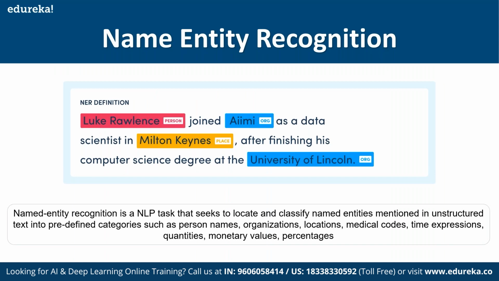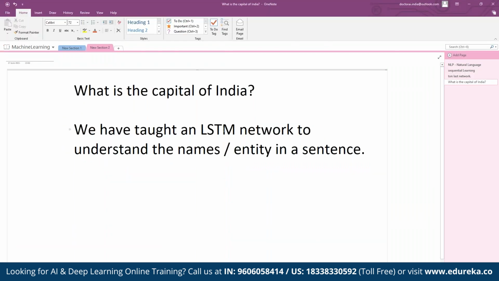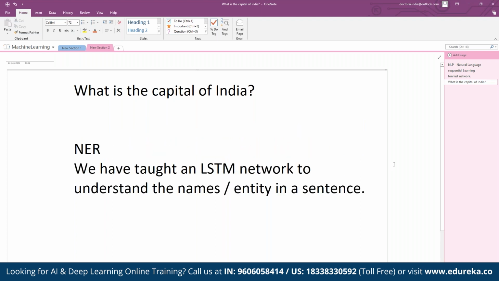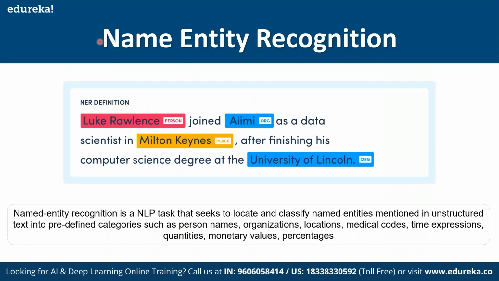This technique of teaching a network to recognize the names or entities in a sentence is known as NER, named entity recognition. Okay, so this is exactly what this is saying, NER, named entity recognition.